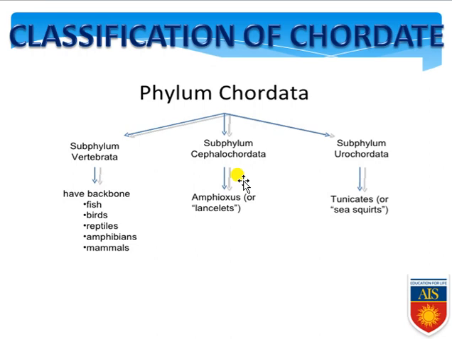The Urochordates can also be called tunicates, and the cephalochordate organisms are commonly known as amphioxus or lancelets. And if you come to the vertebrates, obviously starting from fish up to mammals, all organisms belong to the subphylum Vertebrata.